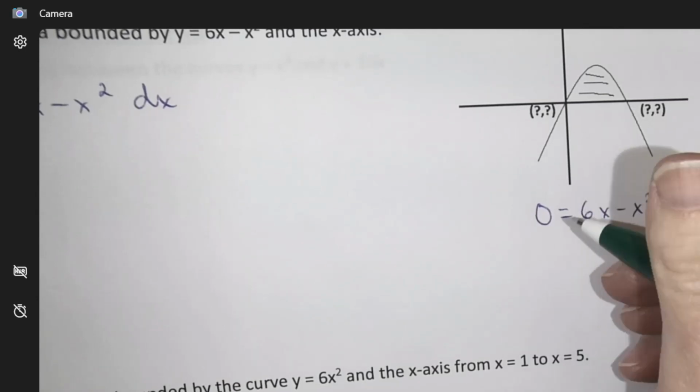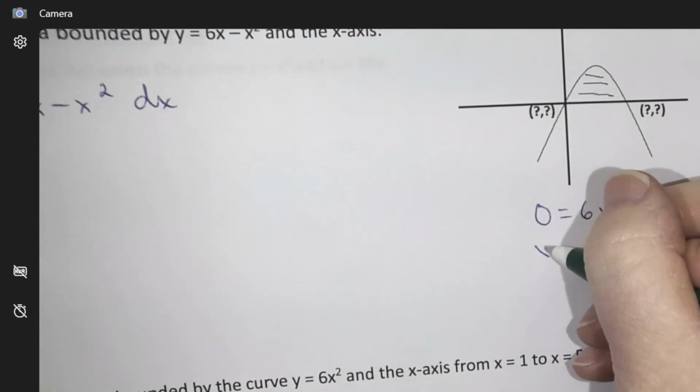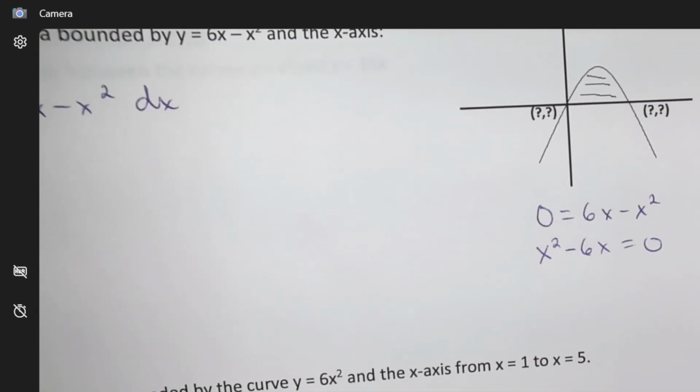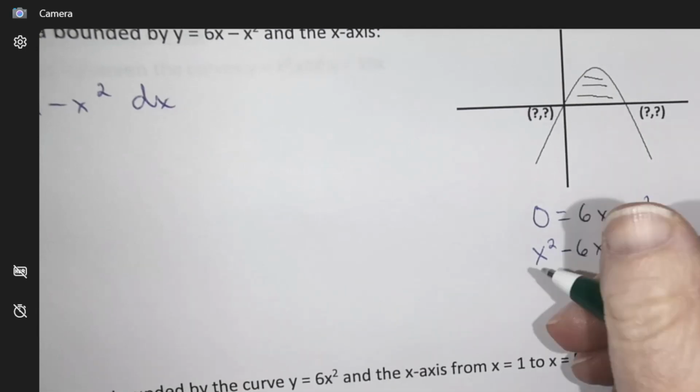So I'm going to factor by doing what kind of method of factoring? GCF.